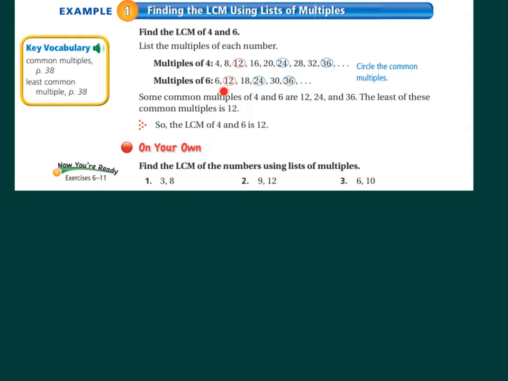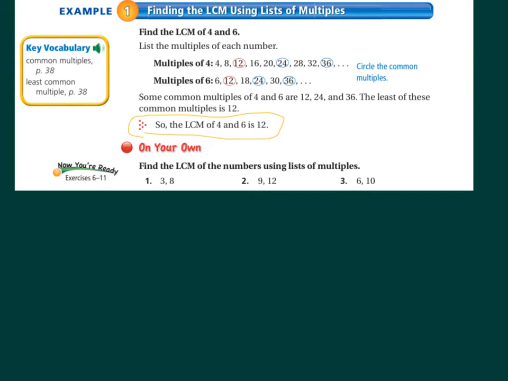For 6, they went ahead: 6, 12, 18, 24, 30, and 36. They've circled all of the common multiples, but really the only answer we want is the least common multiple, and so that answer would be 12, the smallest one that they both go into.